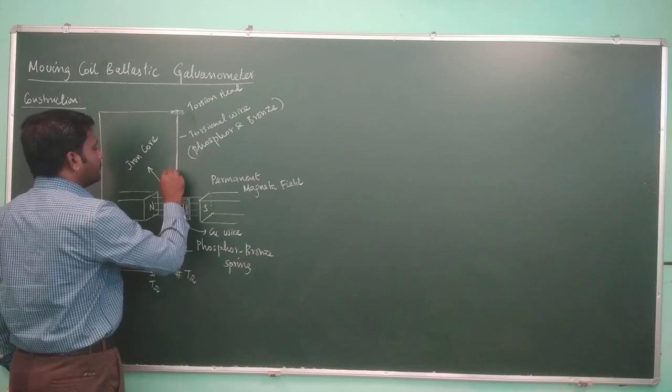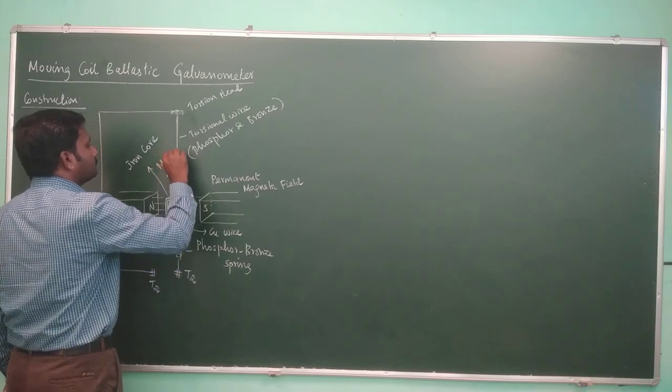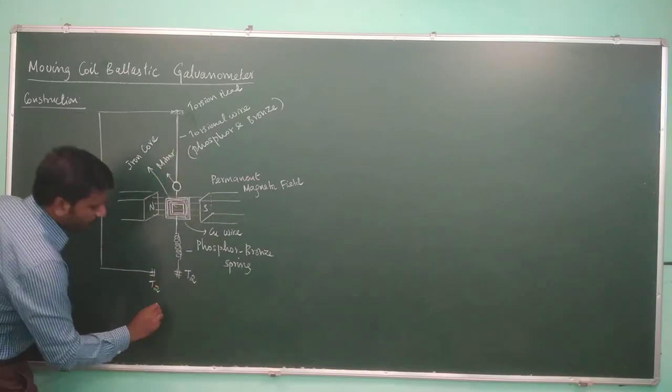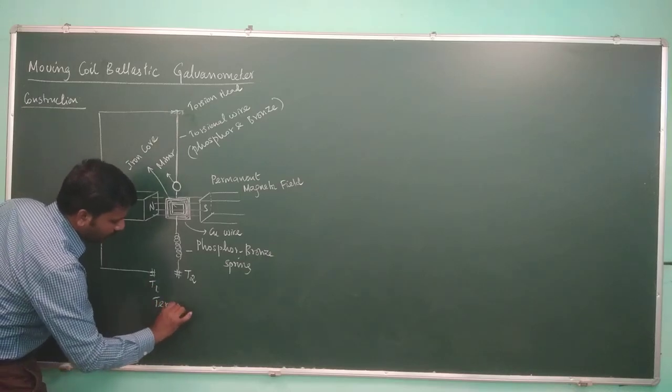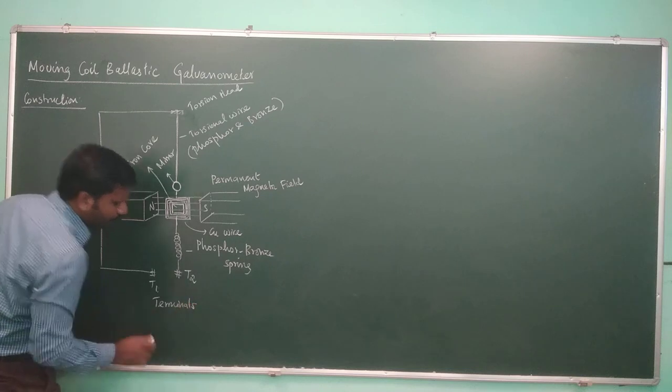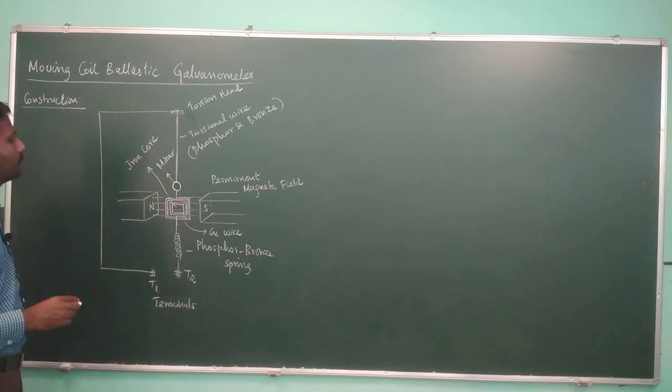So this is a mirror. T1 and T2 are terminals used to pass current into this wire.